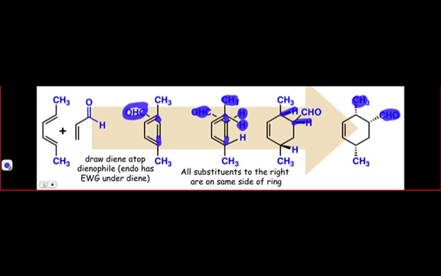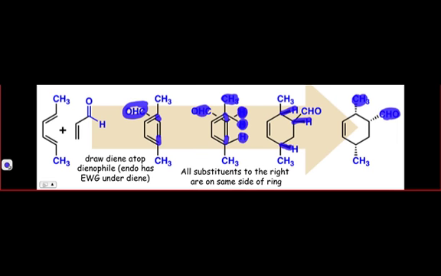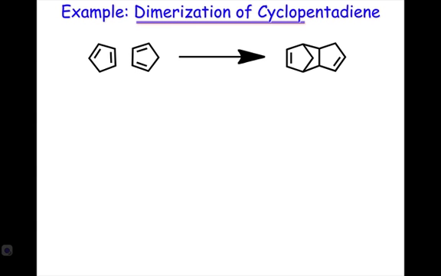We can look at the other end of the diene and draw the same conclusion. So this H is on the same side as these two other hydrogens, and so we would expect it to have the same stereochemistry as those hydrogens in the product, and sure enough, it too is drawn on a wedge in our predicted Diels-Alder product. For an example to work on your own, see if you can draw the endo transition state and the endo product for the dimerization of cyclopentadiene through the Diels-Alder reaction.